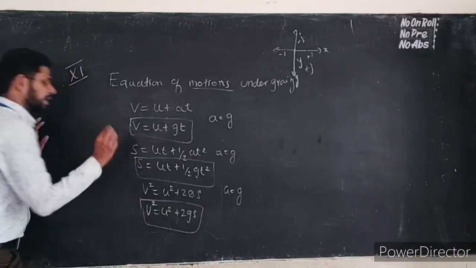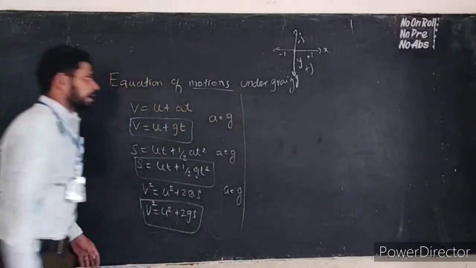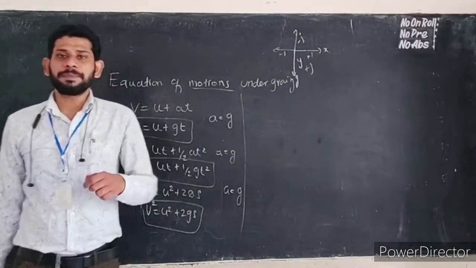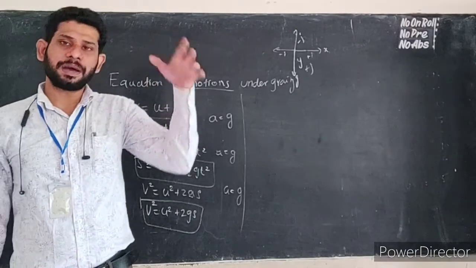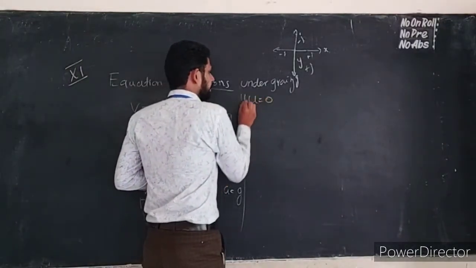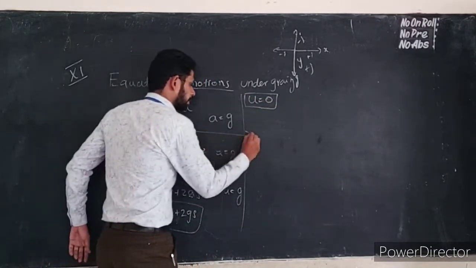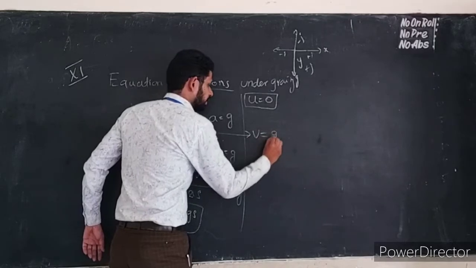This is how the relations change under gravity. Now, whenever you are dropping an object, the initial velocity u will become 0. When u equals 0, this equation becomes v equal to gt.